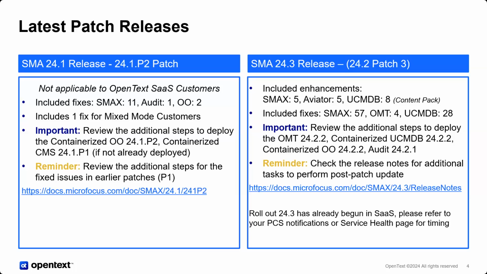If you want to see details, there's the 24.3 release readiness video recording, which you can get from the user group community, or you can read the patch notes and the notes on our documentation page. And just as a reminder for our SaaS customers, we've started to roll out 24.3 to the SaaS farms. Please refer to your PCS notifications or check the service health page for your farm for details on when the maintenance window is planned for the rollout of 24.3 to you.